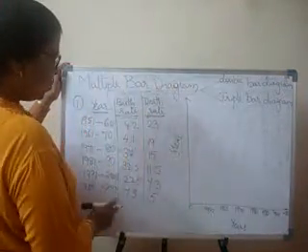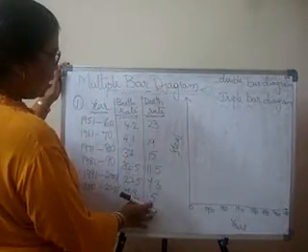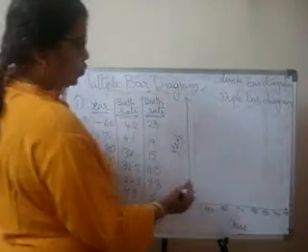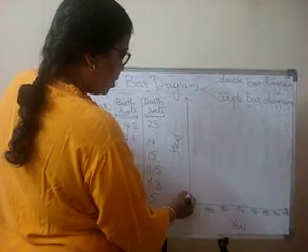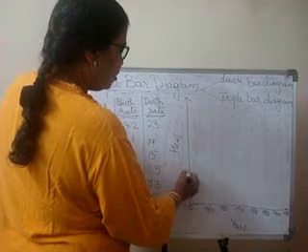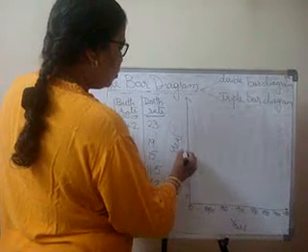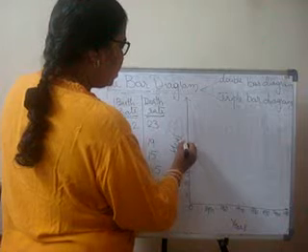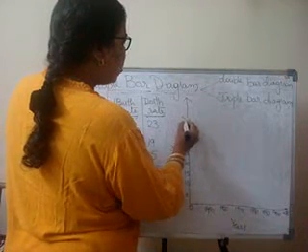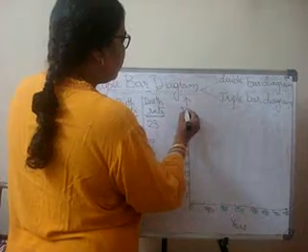And on the y-axis, frequency, the least is 5 and the highest is 42. So 5, 10, 15, 20, 25, 30, 35, 40, 45.